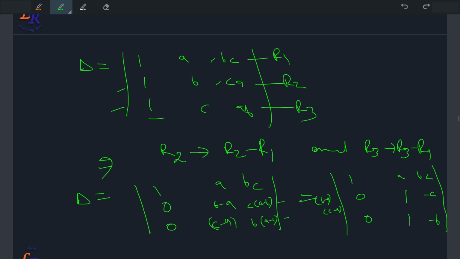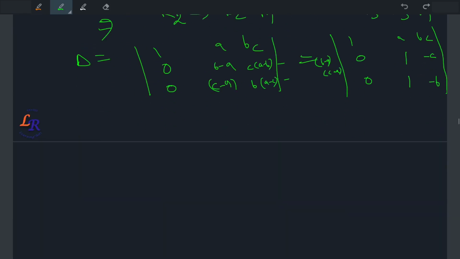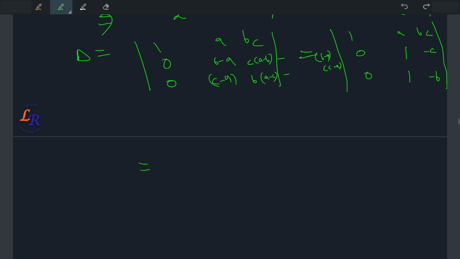Now you can easily expand it. It's easy now. So what will you get? You will get B minus A, C minus A, and this will become minus B plus C, so you will get B minus A, C minus A, C minus B, right?